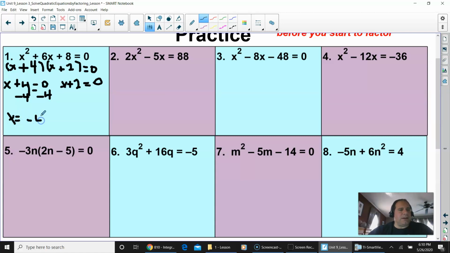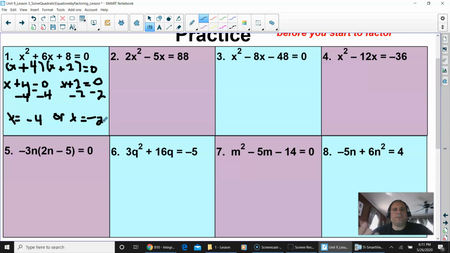And on this side right here, you put an or there, you subtract 2 on both sides, and you get x equals -2. Pretty easy problem. Hopefully you do understand it. So let's go on to number 2.